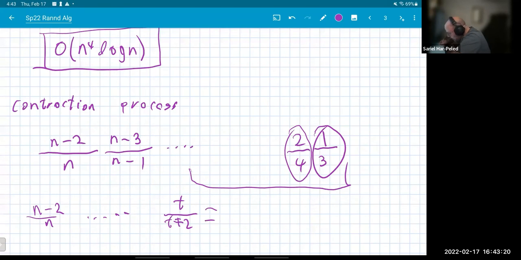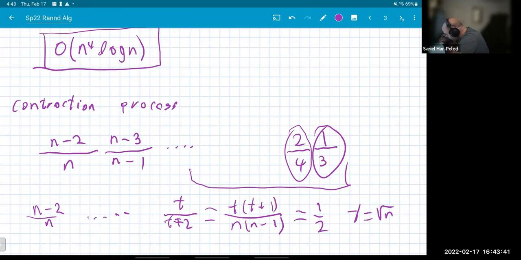So the probability is something like t times t plus 1 divided by n times n minus 1. This is the same calculation I did before, but I stopped it earlier. And in particular, this is half if I pick t to be something like square root n over 2, I guess.